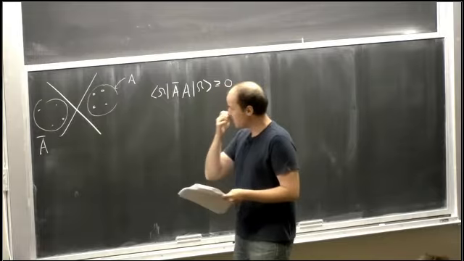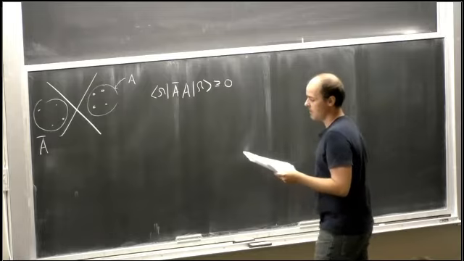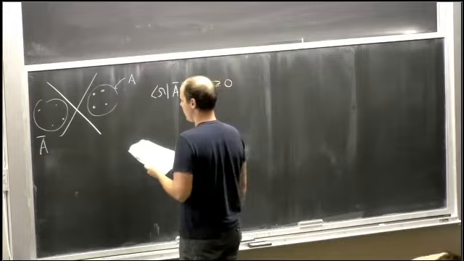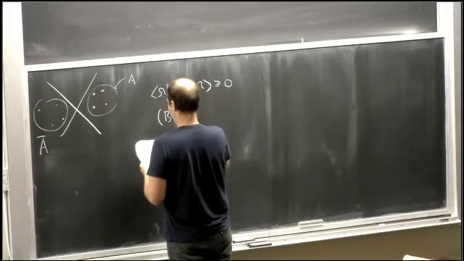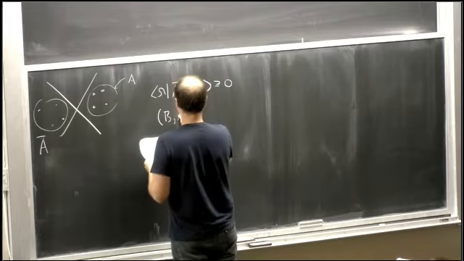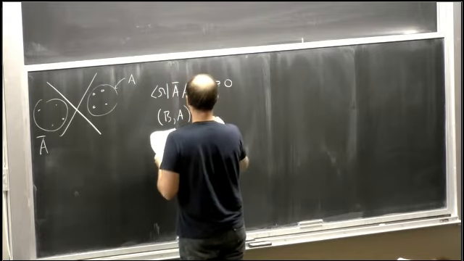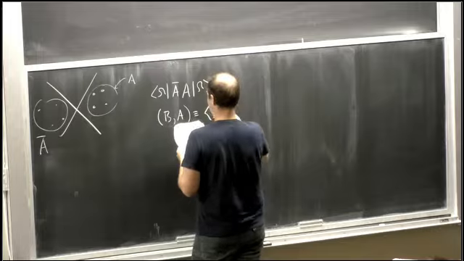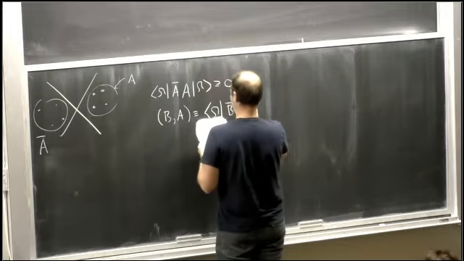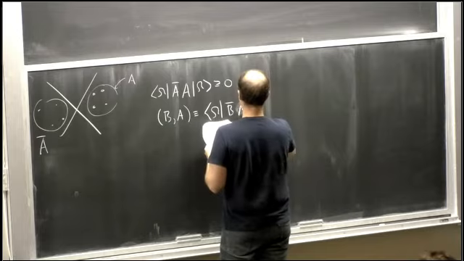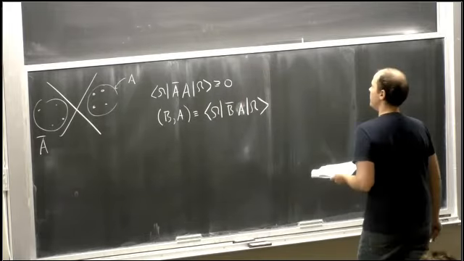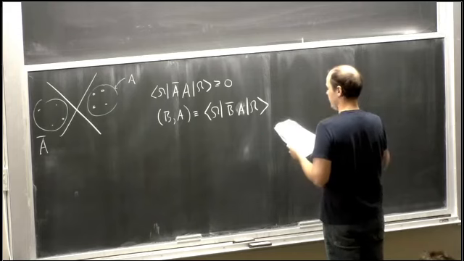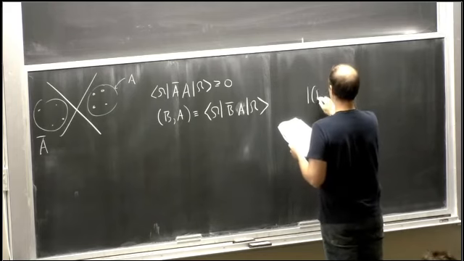Positivity of this thing means that we can define a positive definite Hermitian inner product by just this expression. So I've defined an inner product of B with A as omega B bar A. And because this is a positive definite Hermitian inner product, it satisfies a Cauchy-Schwarz inequality.